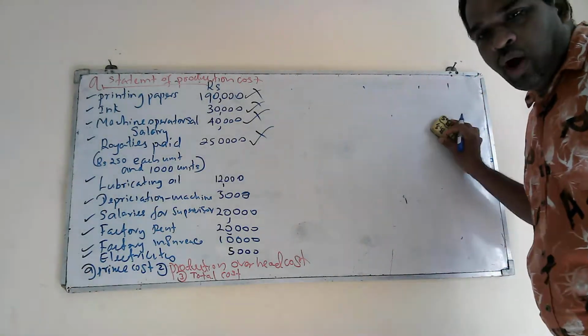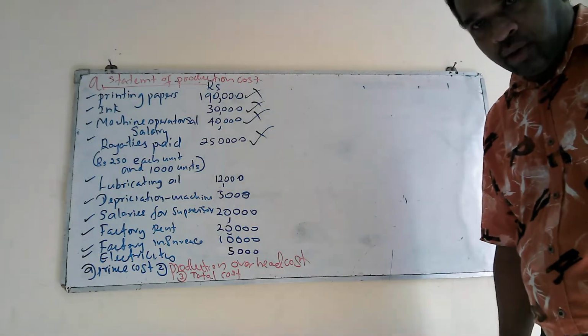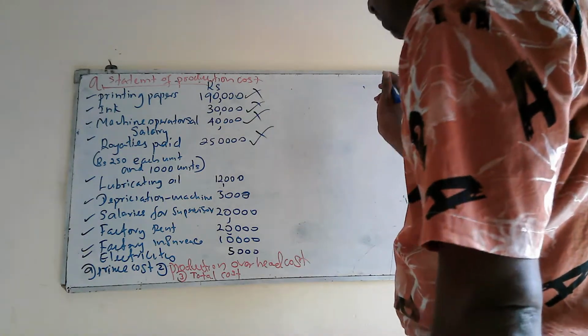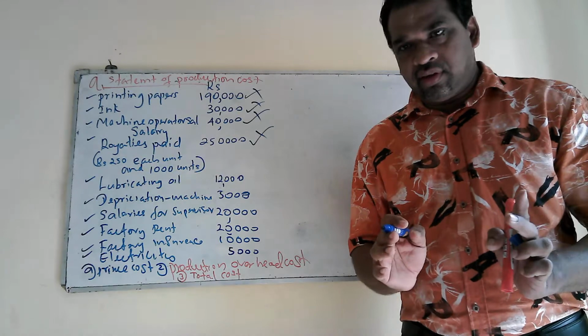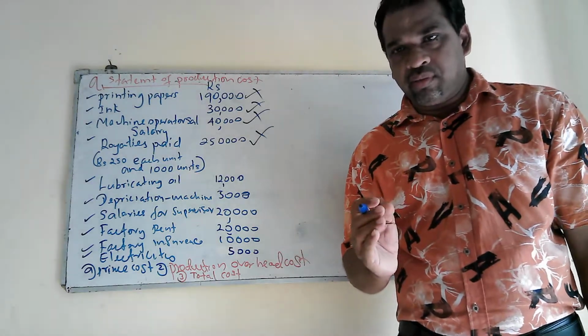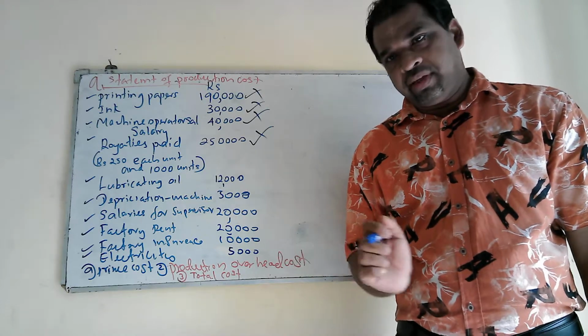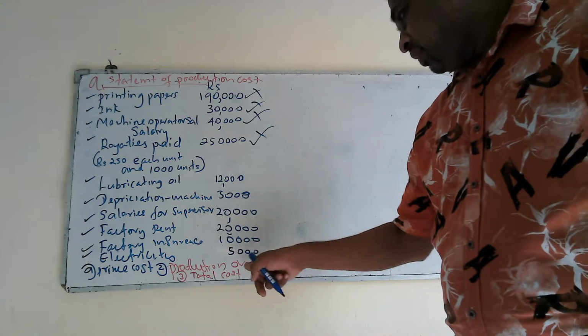Then in the question you are asked to take overhead cost. What is overhead cost? Overhead cost means total of indirect expenses. Under that we can take indirect material cost, indirect labor cost, and indirect other cost, or indirect manufacturing cost. Total of those three will be equal to production overhead cost.